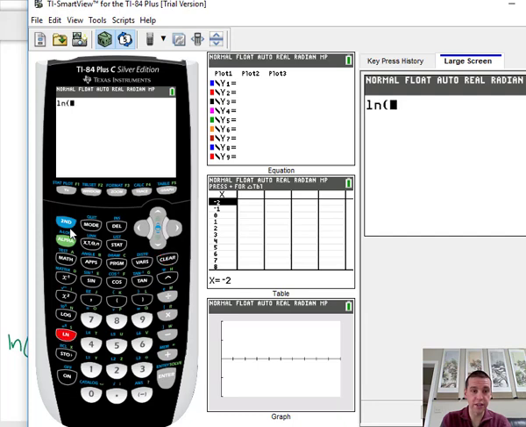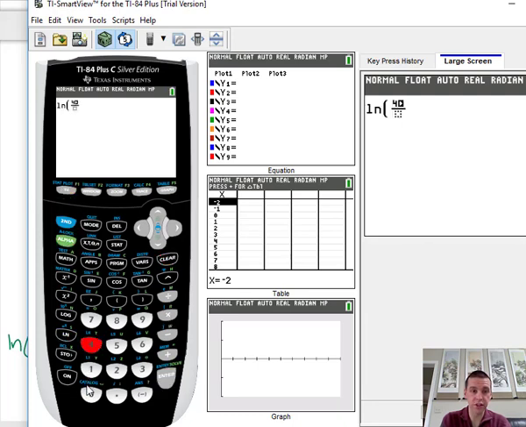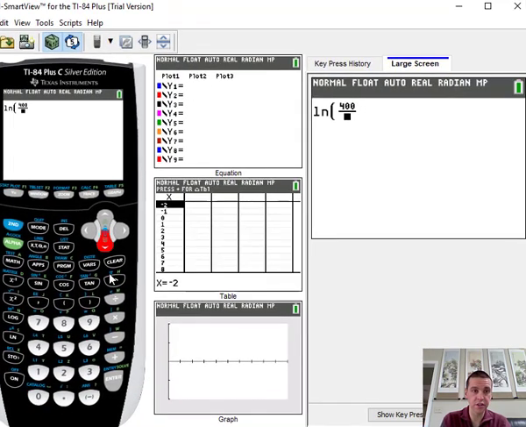The ln of a fraction of 400 divided by 350 and the parentheses, all divided by 0.02.